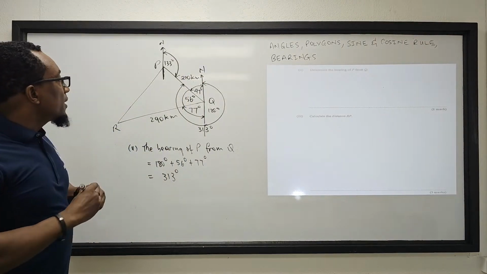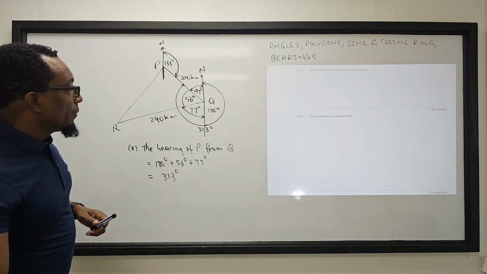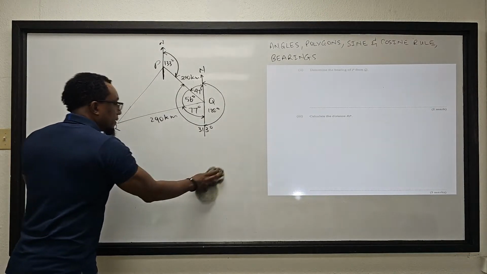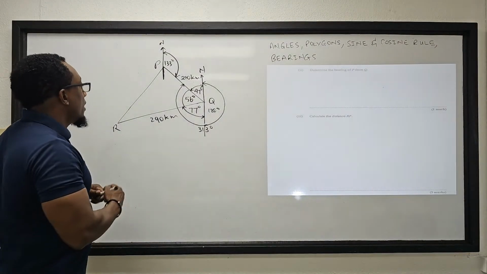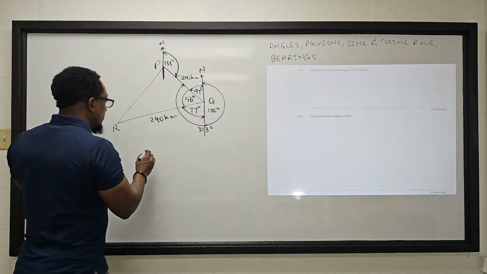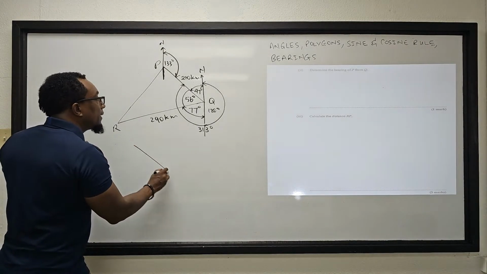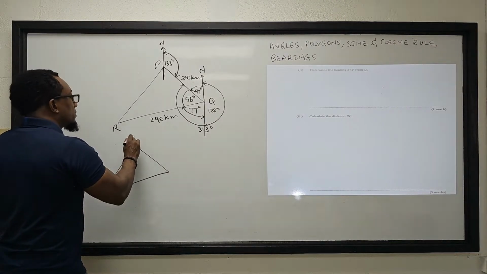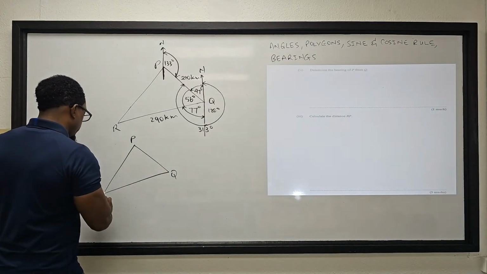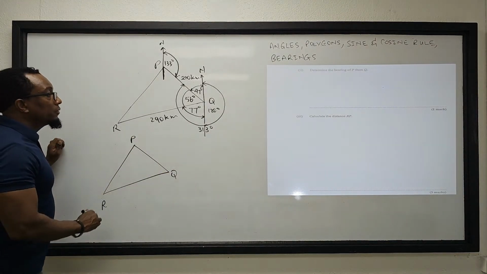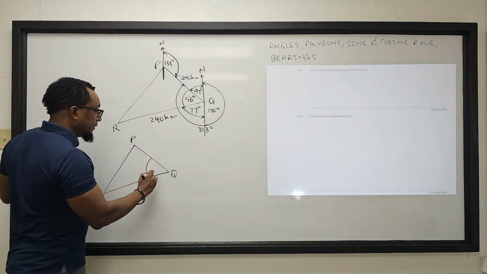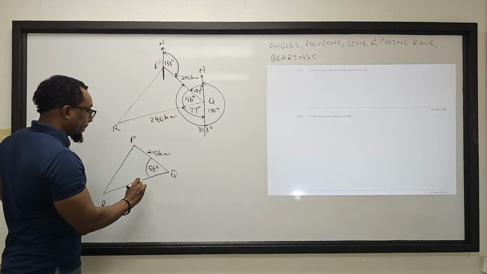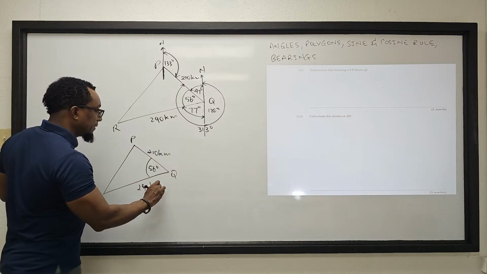So to get that distance RP, what we're going to do is look at this non-right angle triangle which I'll pull out. So let me pull out the triangle PQR. This is P, Q, and R. That non-right angle triangle. This angle here is 56 degrees. This is 210 kilometers. This is 290 kilometers.